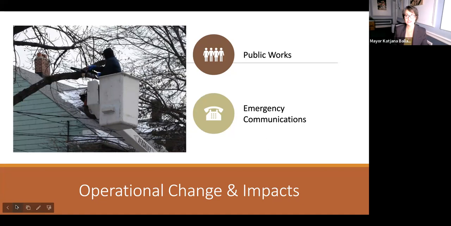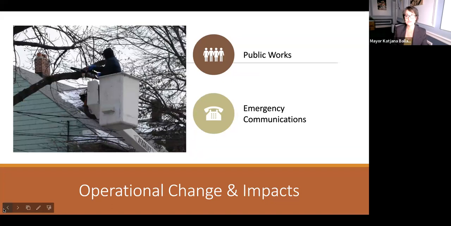Likewise, our communications and outreach staff have had to increase messaging on preparedness and warnings for a range of issues triggered by extreme heat, cold, storms, and more. As an administration, we've been monitoring these impacts and dedicating funding and staffing where needed to meet these new demands.